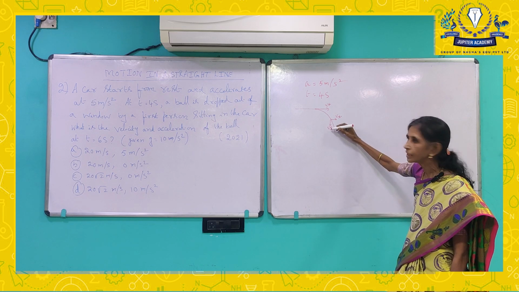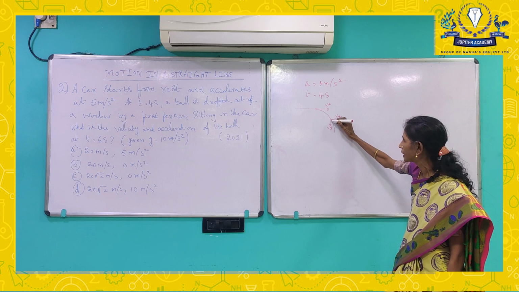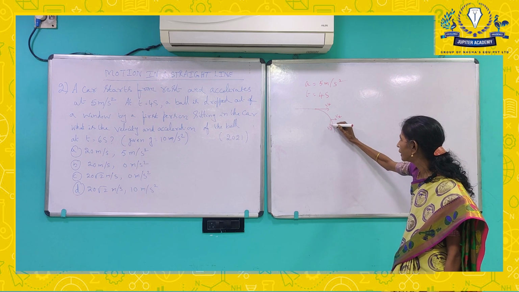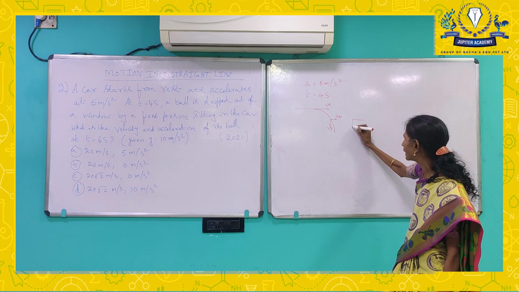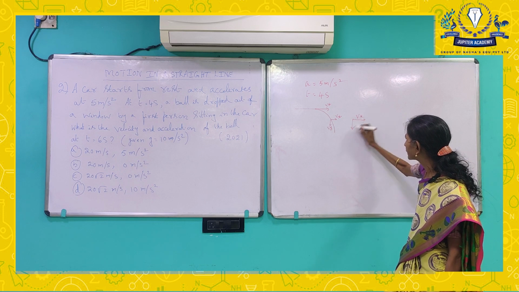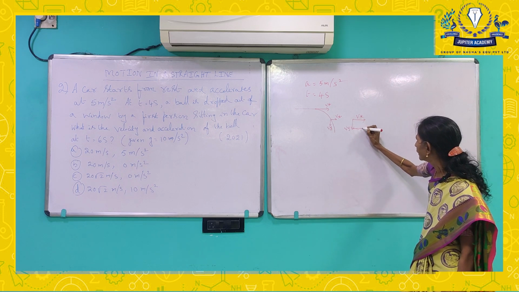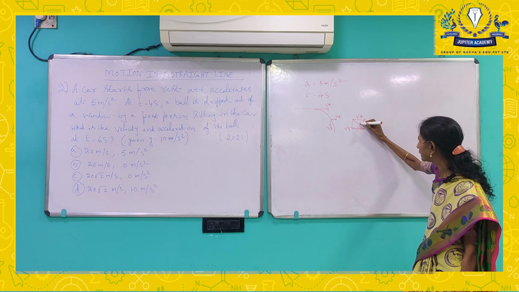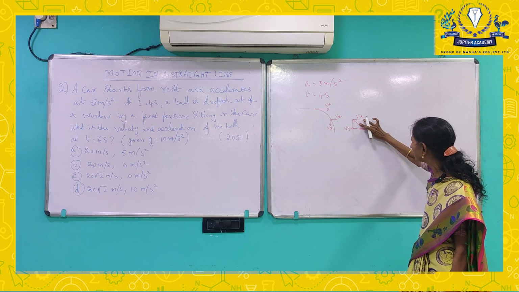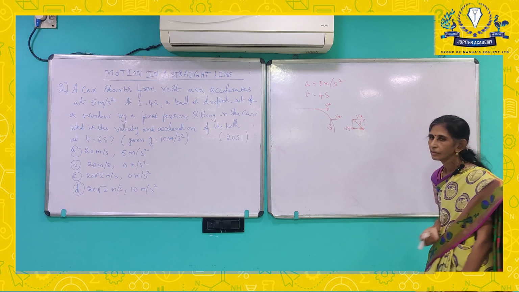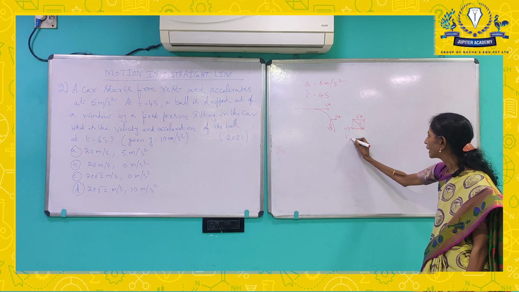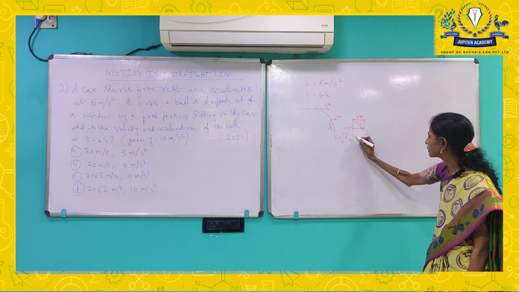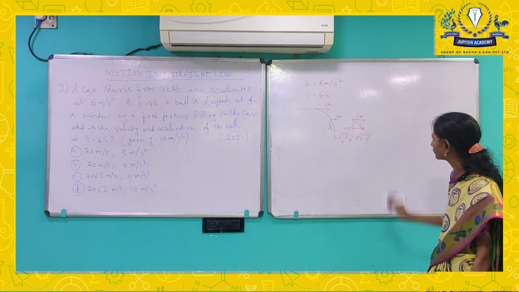Since we have two velocities at a point, we can get the resultant velocity. By completing this parallelogram with Vx and Vy, you can draw the diagonal. This diagonal gives you the resultant R, or here we can say velocity V. By applying the Pythagoras theorem, V is equal to square root of Vx square plus Vy square.